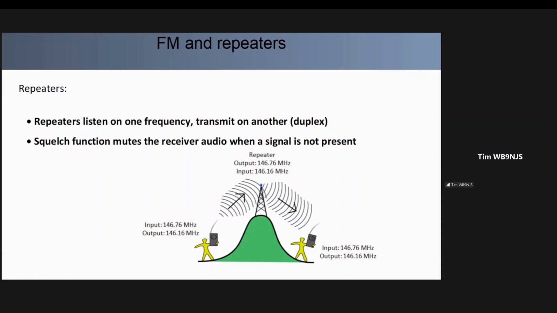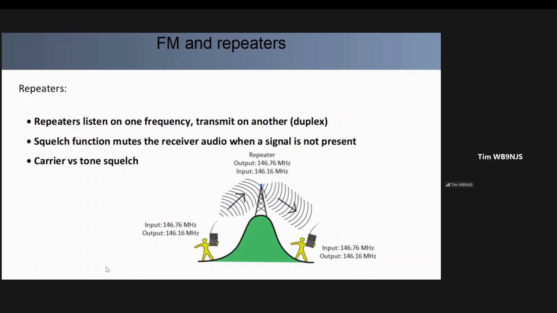With a repeater, you may use a carrier squelch. If carrier squelch is used, the receiver audio is muted until any RF signal is present on the input. So if the receiver detects a signal and it opens the squelch, whatever it's hearing gets retransmitted on the output frequency of the repeater.